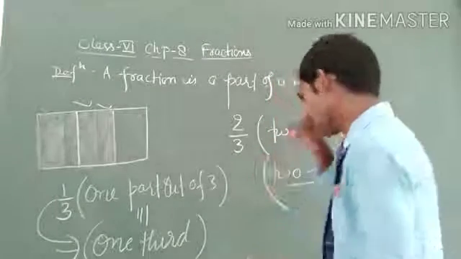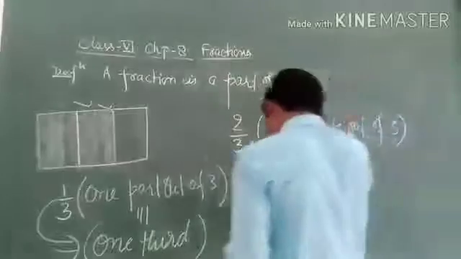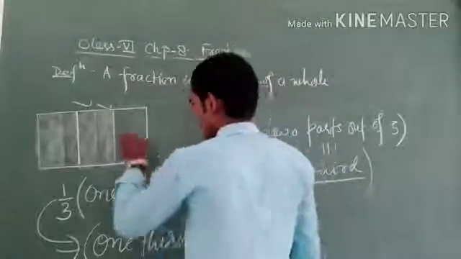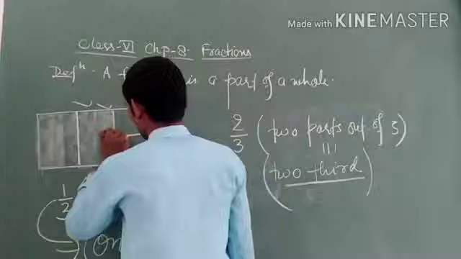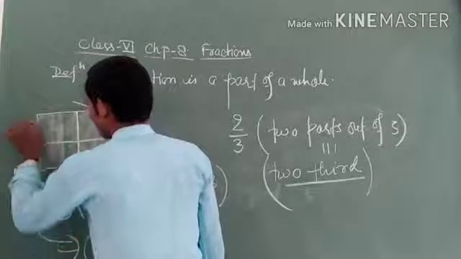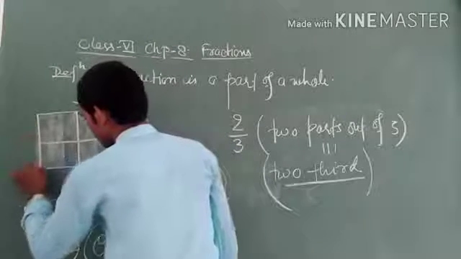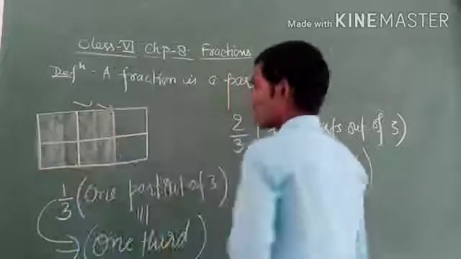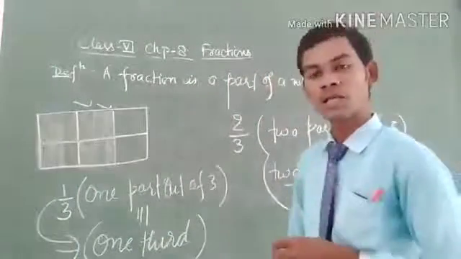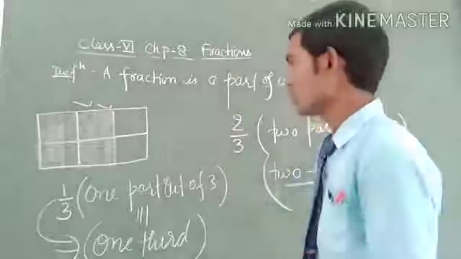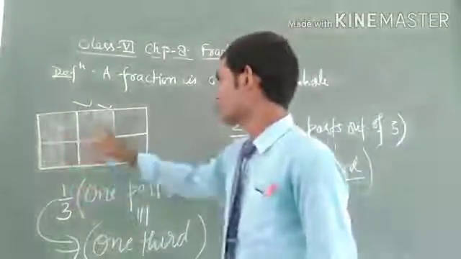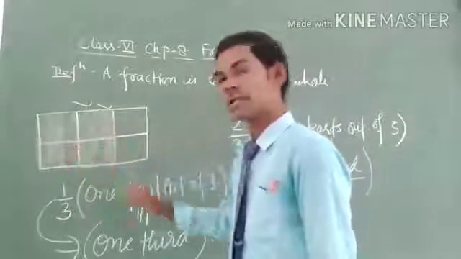Now let us see some more words. Now just tell me, how many equal parts can you see in this figure? Here we can see 1, 2, 3, 4, 5, 6.